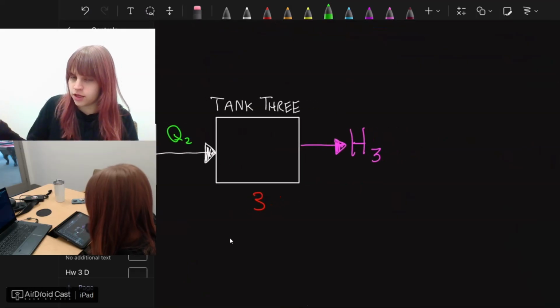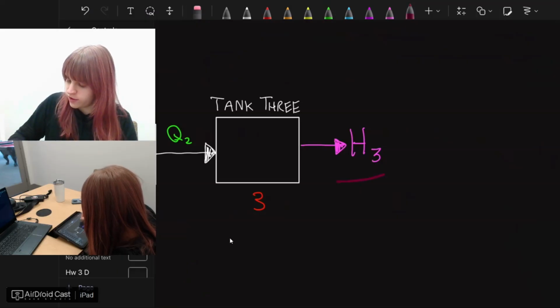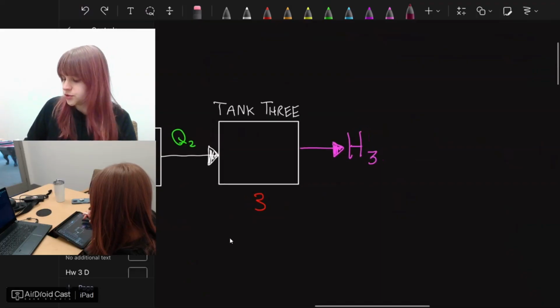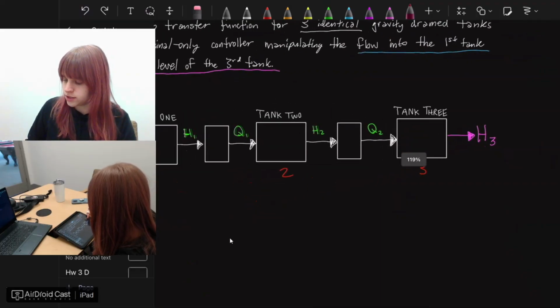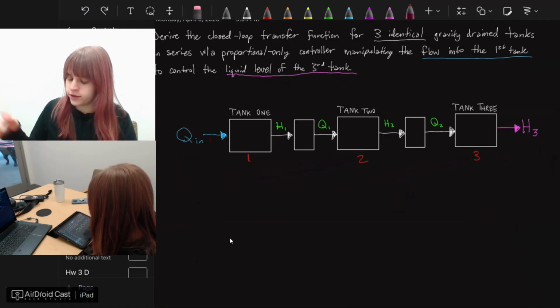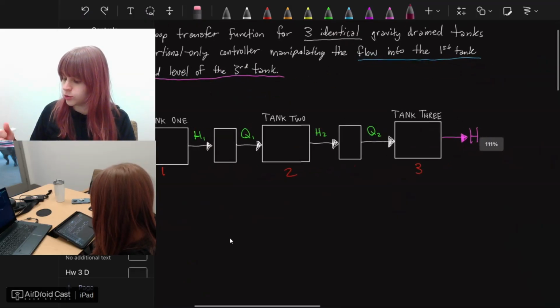And we don't have another tank after that, so what we have is our measured variable H3. And we want to look at H3 and alter the flow in eventually so that we can hit our goal, essentially.